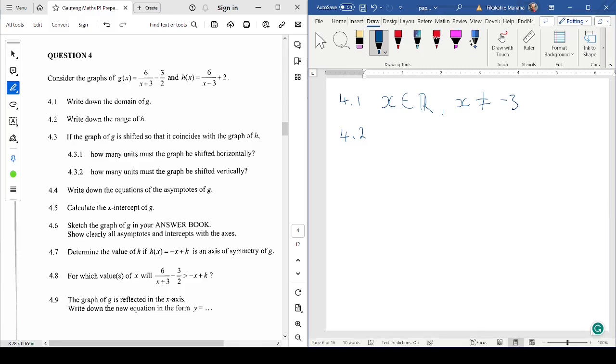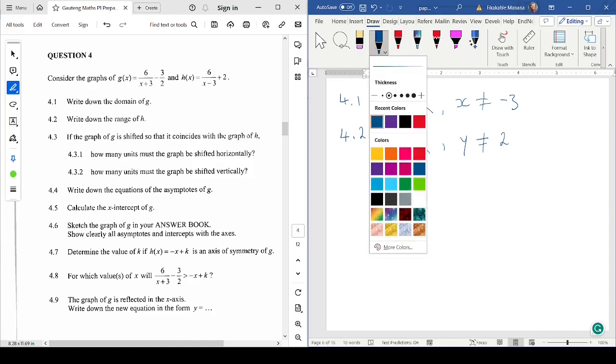It says here 4.2, write down the range of H. You see it's plus 2, so we take it exactly as it is. Any value of y works, but y cannot be equal to positive 2 because we have an asymptote right there.